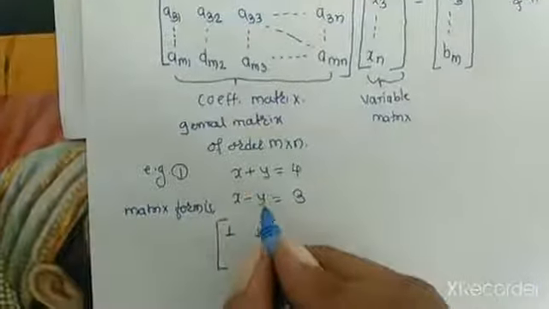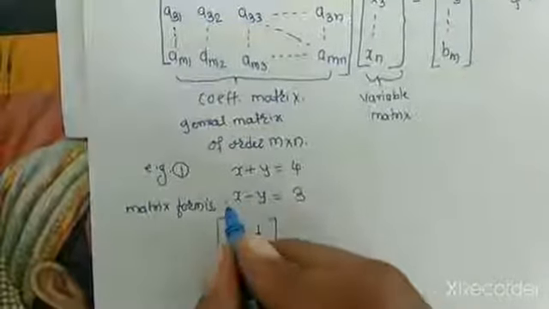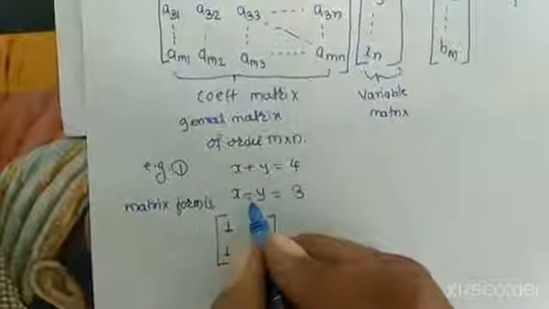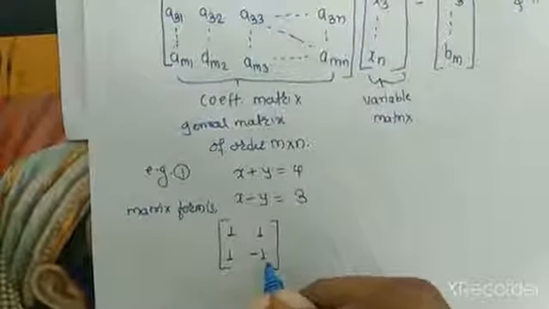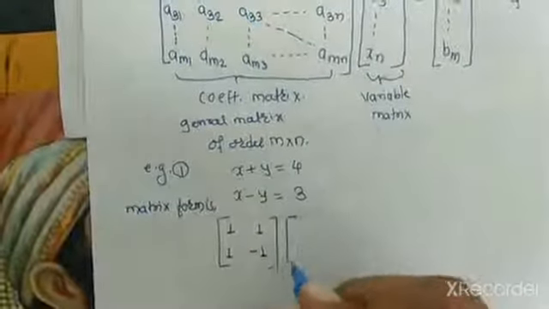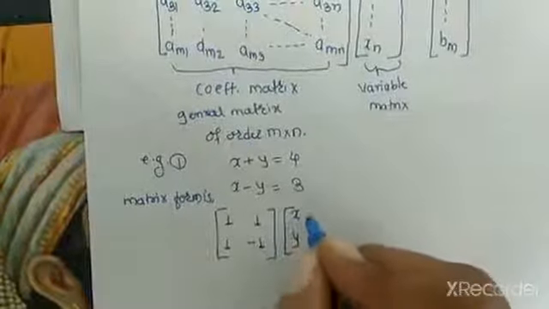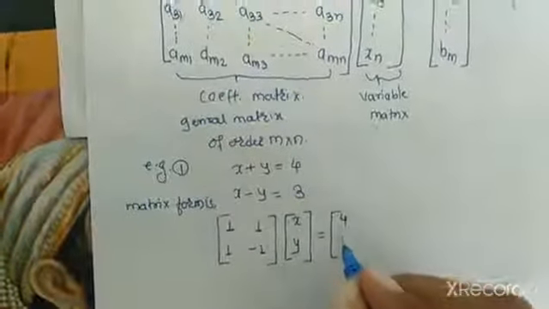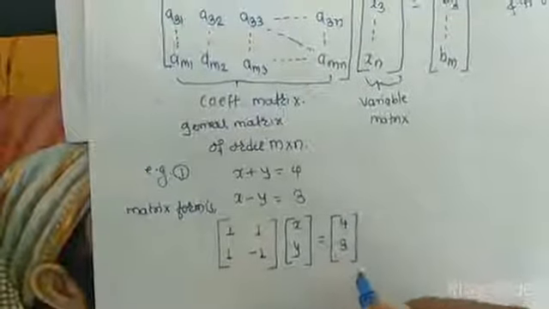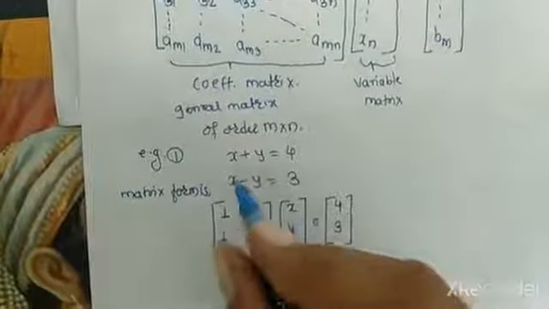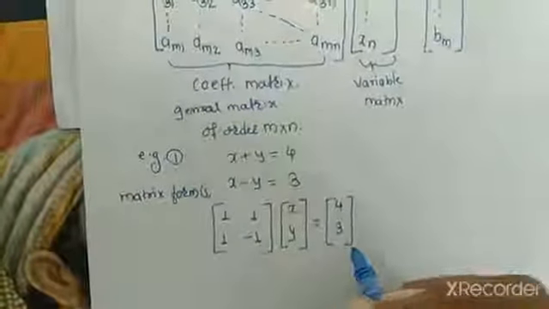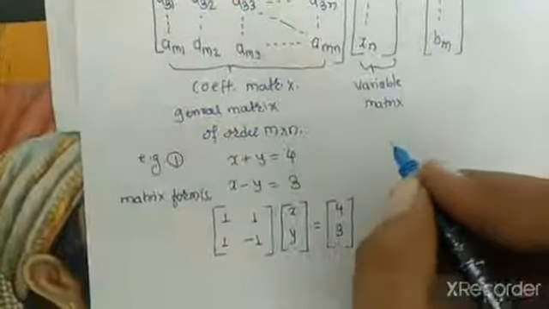In the second row, the coefficient of x is 1 and the coefficient of y, with the minus sign, is minus 1. The variables are x, y, equal to 4, 3. We only have to write the coefficients, variables and constants of the given equations.